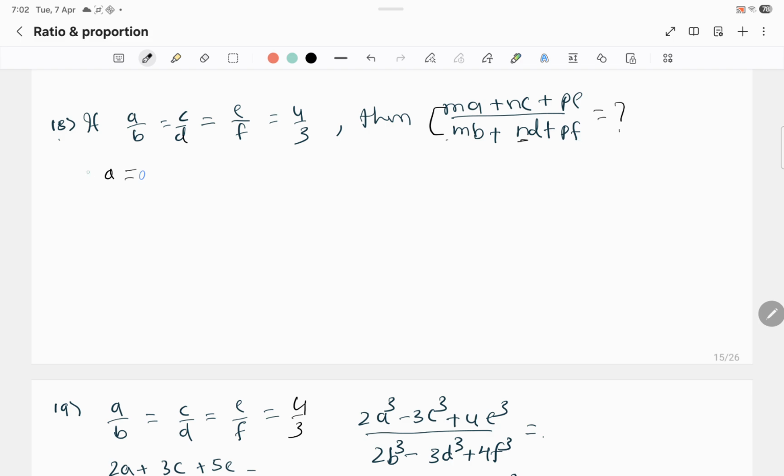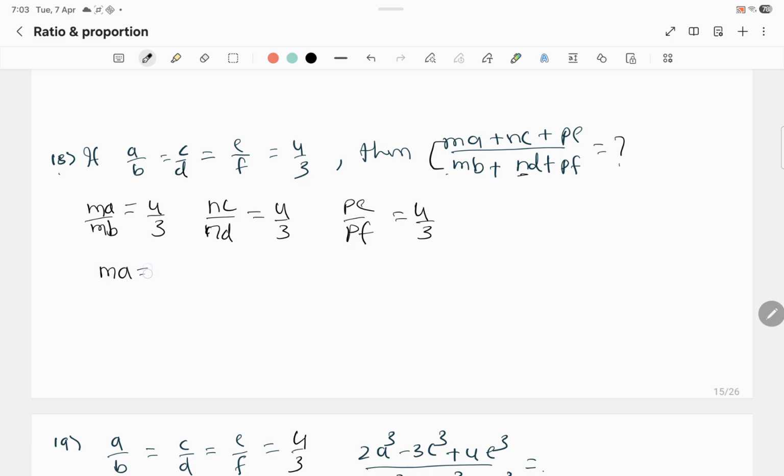Can I write A by B as MA by MB, equal to 4 by 3? Then NC by ND is equal to 4 by 3. Then PE by PF, we can cancel again, we get the same value.